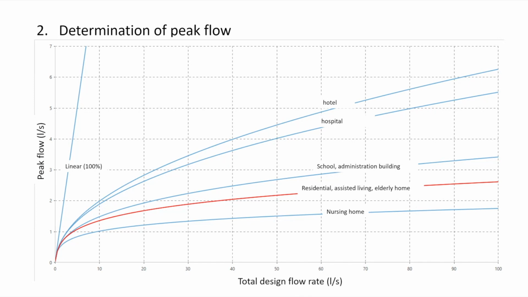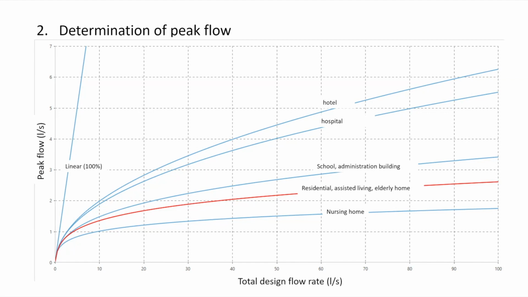Nobody would use it. Maybe in a stadium one day, if there is a big break during a basketball game and everybody goes to the toilet, then you can have the linear function. But usually we are using different functions for different types of buildings. And these functions have been created based on real measurements decades ago in Germany in the different building types.